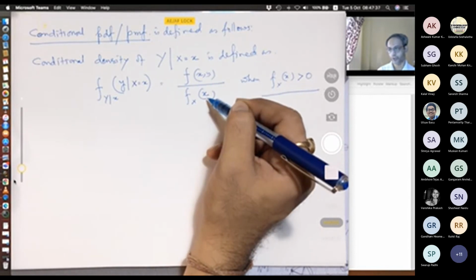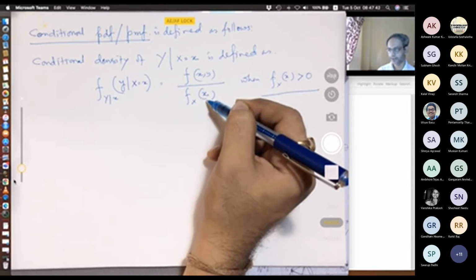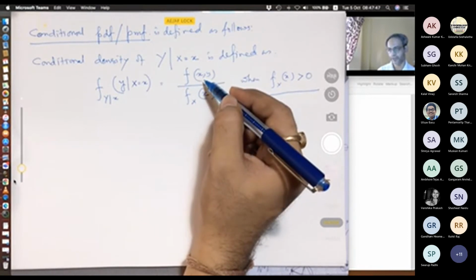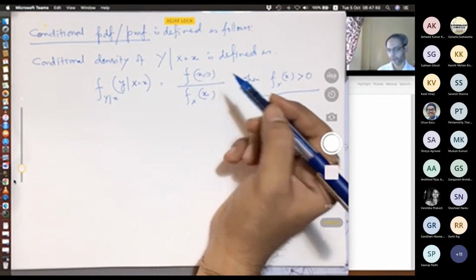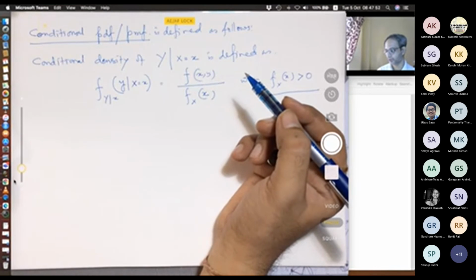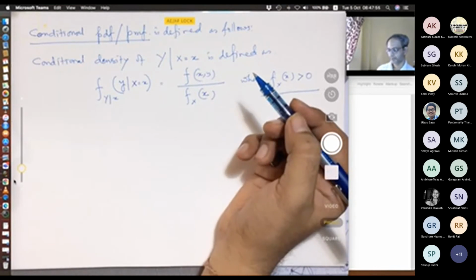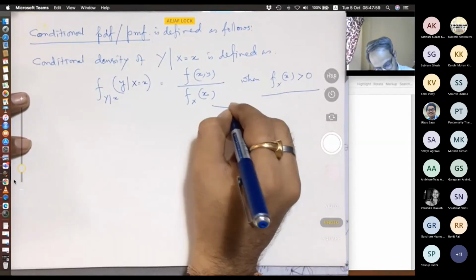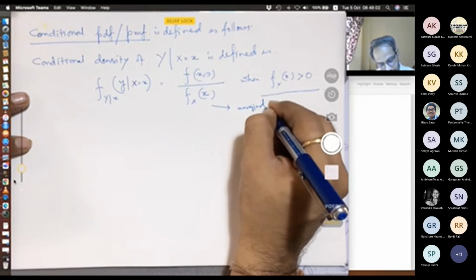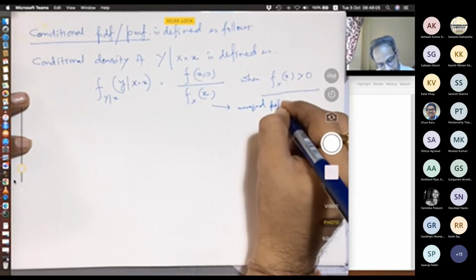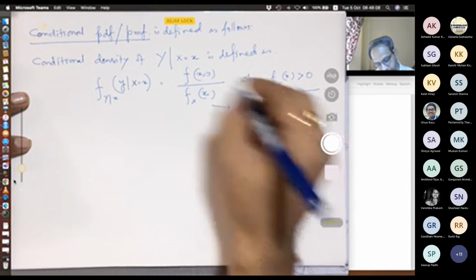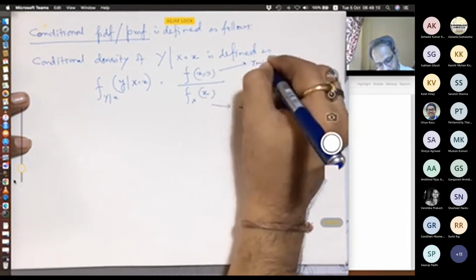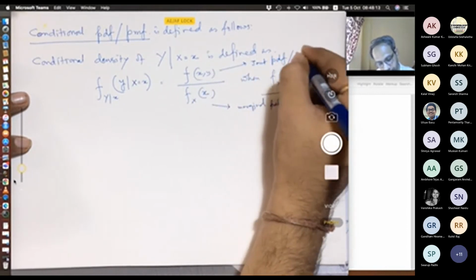The truth is this is the marginal density of x in terms of PMF or PDF, and this is the joint density of x and y in terms of PDF or PMF, according to whether they are discrete or continuous.